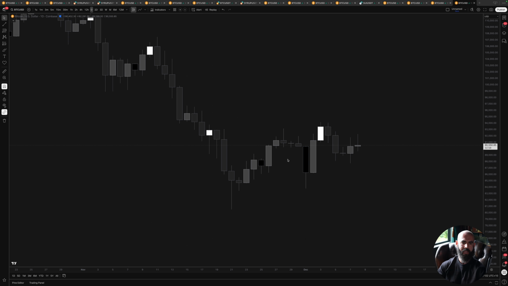The anatomy of these candles is an open, a close, a high where the wick is at the very top, and a low. If we were to zoom in on this candle, we would be able to break down and see exactly what happened inside of a lower time period, and that is giving us the historical value of where price has been, what it's done well, and what it hasn't done so well.